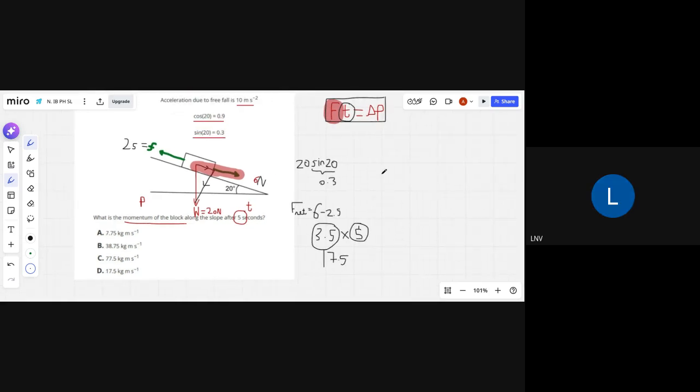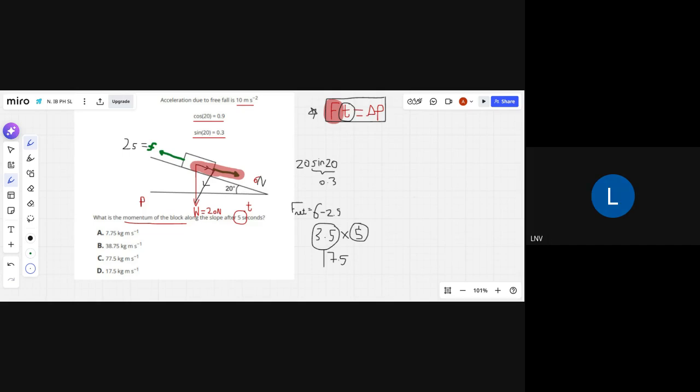Sorry, I forgot the equation I proposed at the start. You divide 3.5 by 2, net force divided by mass, to find acceleration.